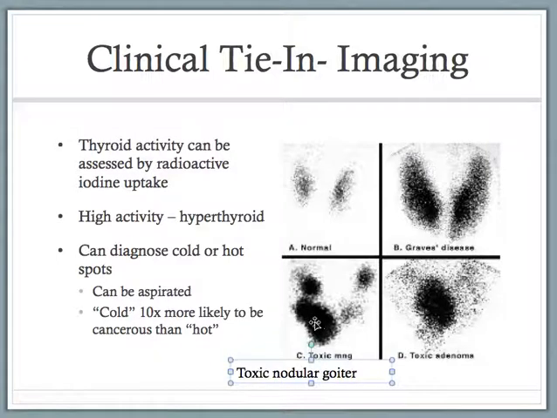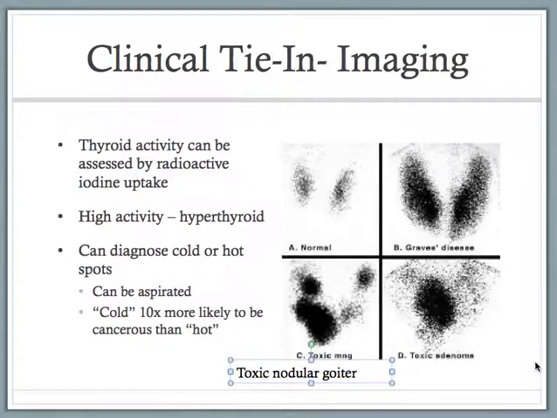So what you're looking for here in toxic nodular goiter is hyperactive nodules. So in this tissue, we see one side of the thyroid looking pretty physiologically normal, and over here we have some hyperactive spots. Same thing over on this one. This is toxic adenoma. An adenoma, adeno means organ or gland.